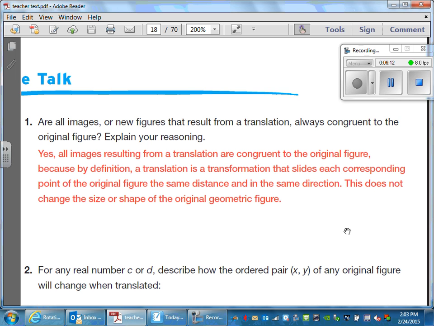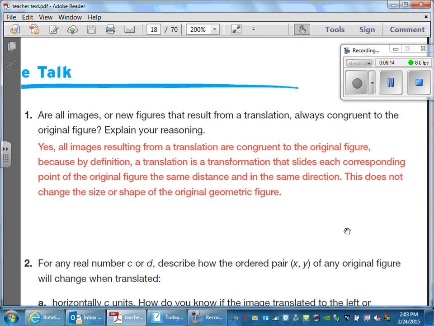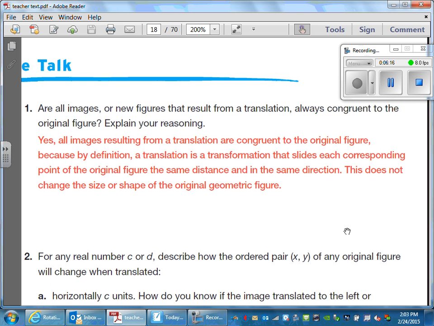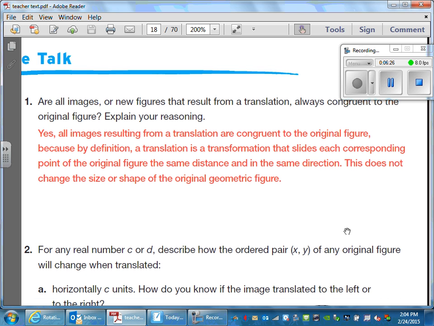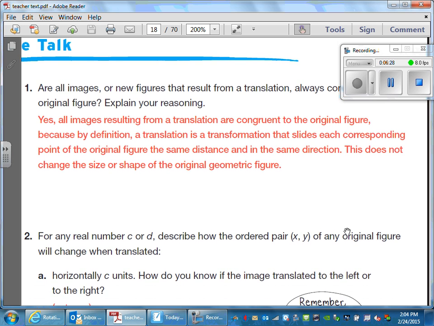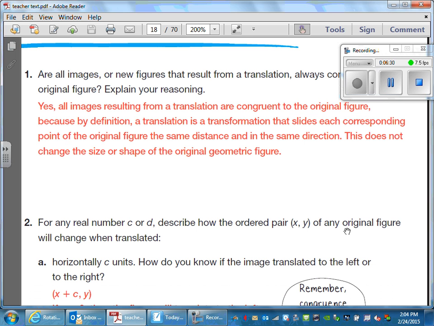For any real number, C or D, we're going to explain X and Y. So if I move something horizontally, left or right, C, some number C, maybe it's 7, what happens? The Y stays the same, but the X adds 7.